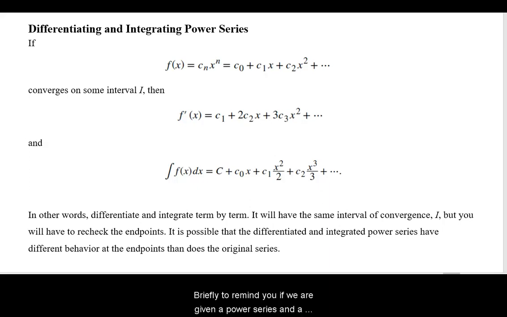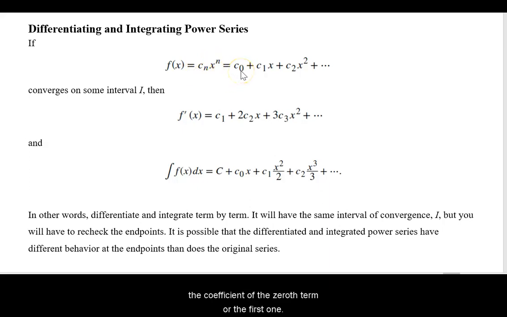Briefly to remind you, if we are given a power series and a function where the function has the format of some constants times x to the n in its power series form, we can expand it to write c sub 0 plus c1x plus c2x squared and so on. Remember the c sub n are the coefficients corresponding to each term of the series.